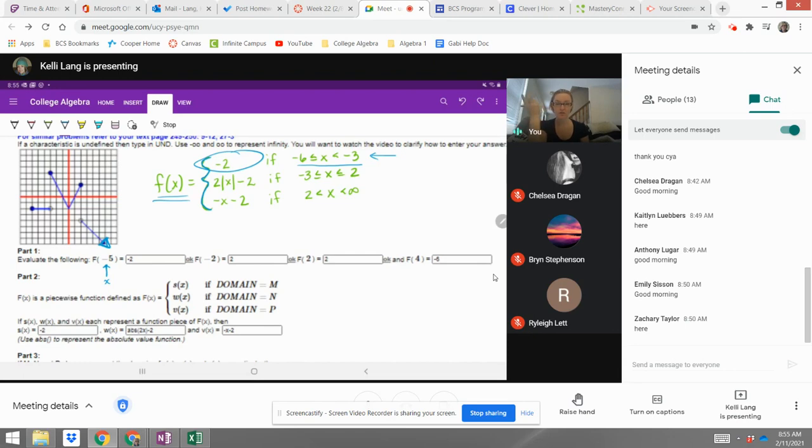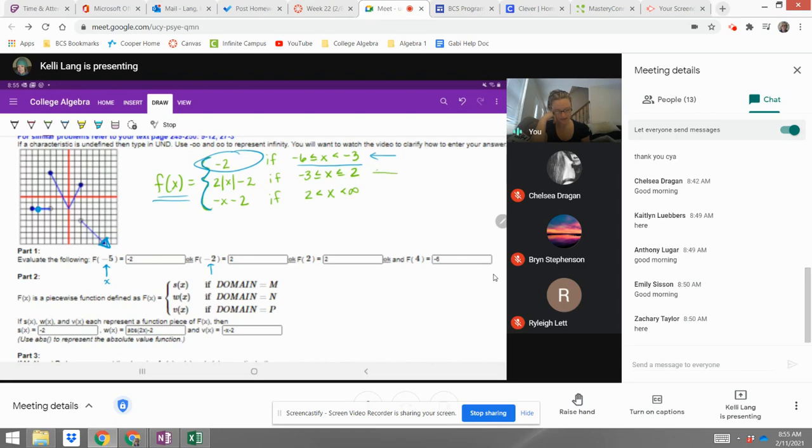You can also just use the picture. So f of -5 is where we would go to the x value of -5, 1, 2, 3, 4, 5, and then we would find our y value, which happens to be right here at -2. All right, so for the next example, they want us to find f of -2. So this time we're plugging -2 into our function.